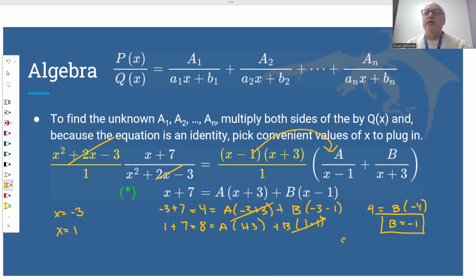I get 8 is equal to 4a, or a is equal to 2, which now I know that my x plus 7 over x squared plus 2x minus 3 is exactly the same as a, which is 2 over x minus 1, plus b, which is -1 over x plus 3.